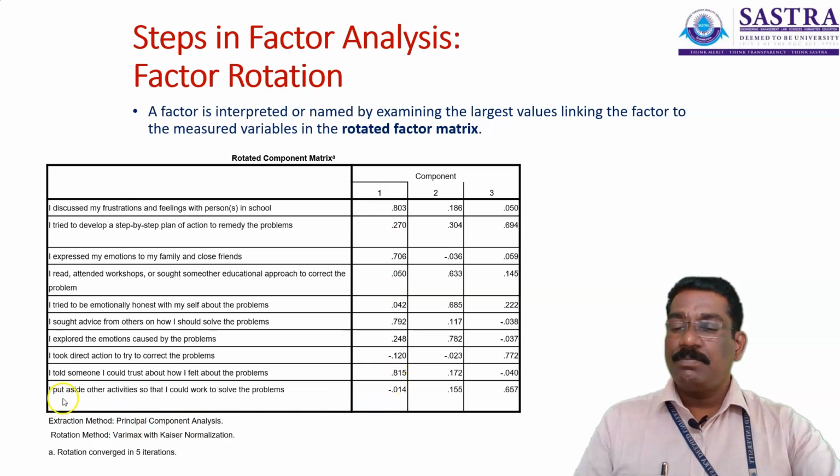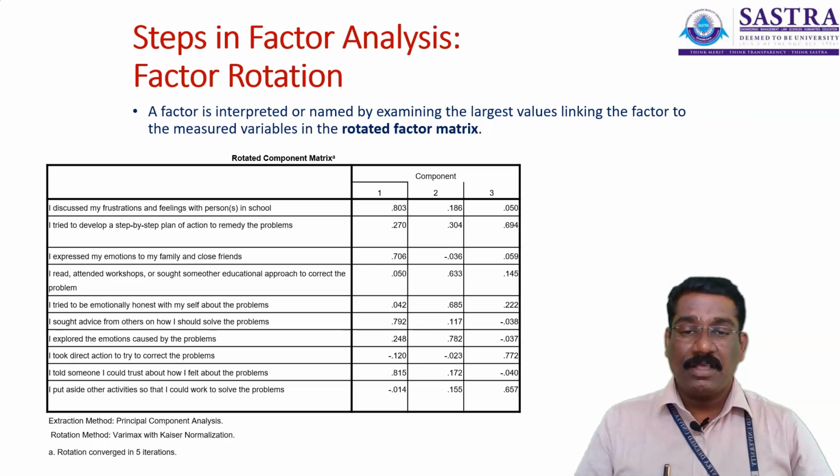And similarly, "I put aside other activities so that I could work to solve the problem," it got loaded at 0.657. Like that, we can extract which variables have been loaded in factor 1, 2, 3, and we can compile that into respective factors and report the results.